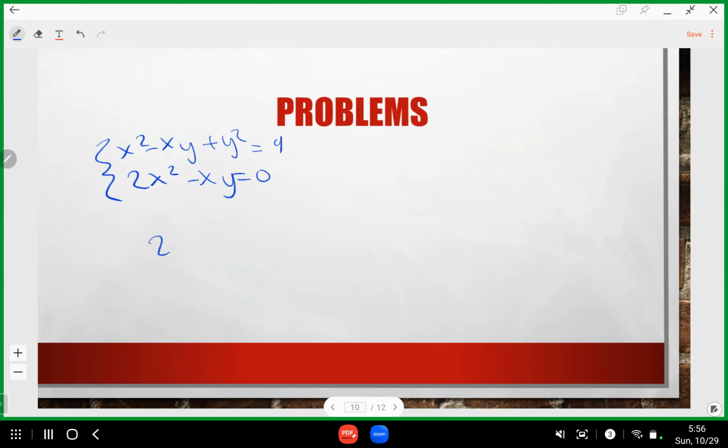So you have to get 2 times 2x. No, not x times 2x minus y is equal to 0. So you get x is equal to 0 and 2x minus y is equal to 0. And y is equal to 2x.